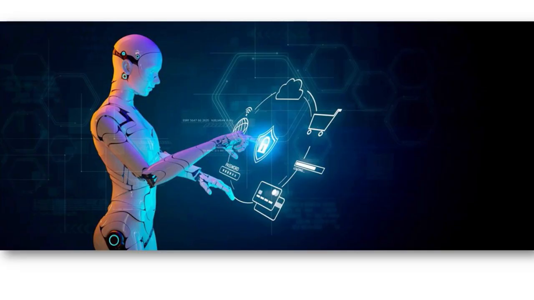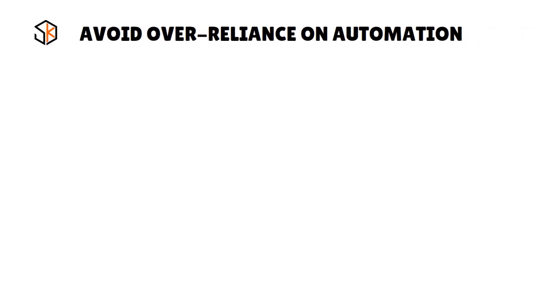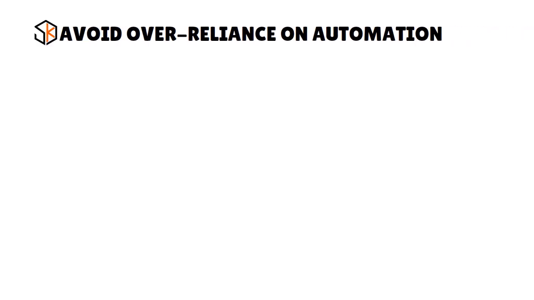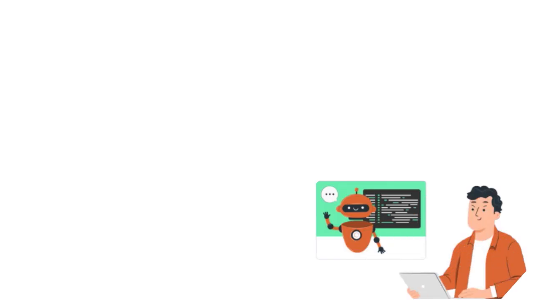For instance, first of all, you want to avoid over-reliance on automation. I've said this before. You want to really make sure that there is a human review, a process in place where a human will review whatever has been generated by ChatGPT, okay? I mean, a tool such as ChatGPT is very powerful, don't get me wrong.